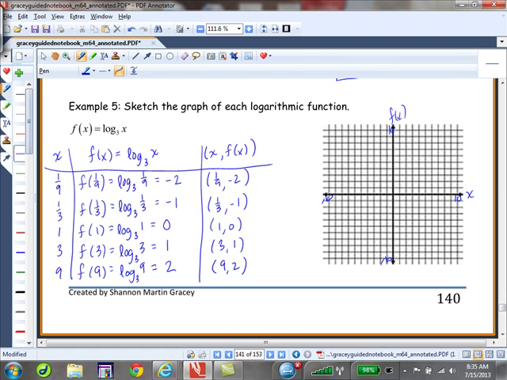We had ordered pair 1/9, -2, so that's going to be really close to the y-axis. Actually, closer than that, I think.